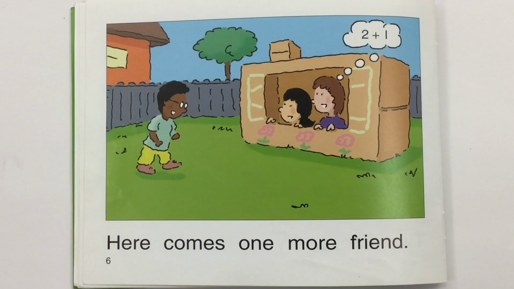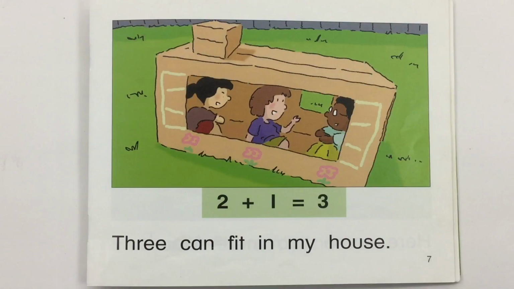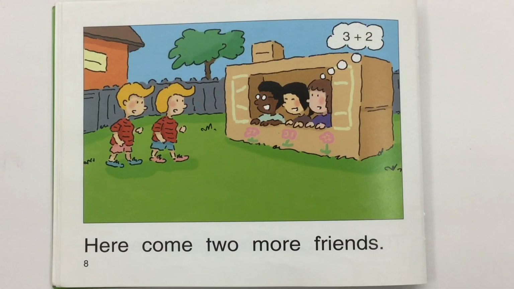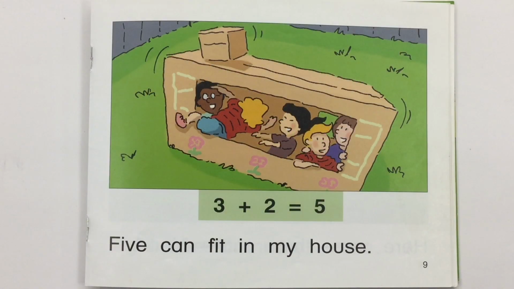Here comes one more friend. 2 plus 1. 2 plus 1 equals 3. 3 can fit in my house. Here come 2 more friends. 3 plus 2. 3 plus 2 equals 5. 5 can fit in my house.